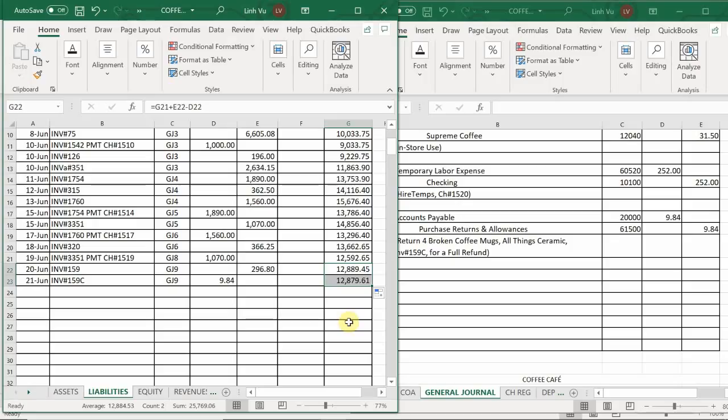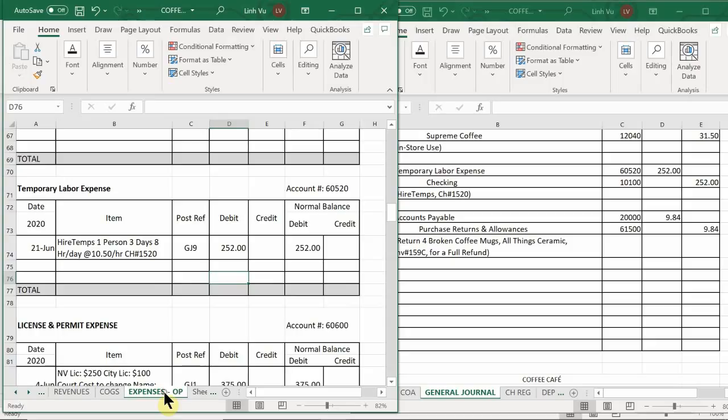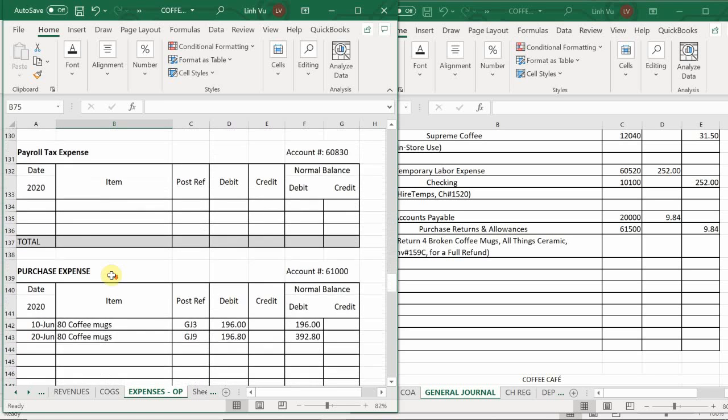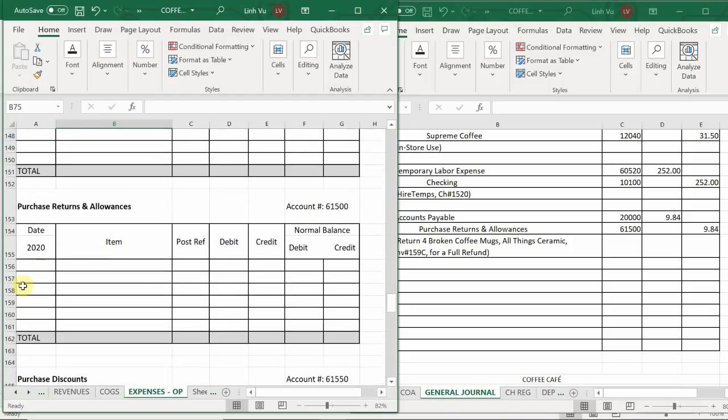Good. So here we owe $9.84 less. Good. Next we're going to go to our operating expenses. So in this case, it's going to be right underneath purchase expense. Okay. Should be purchase returns and allowances.